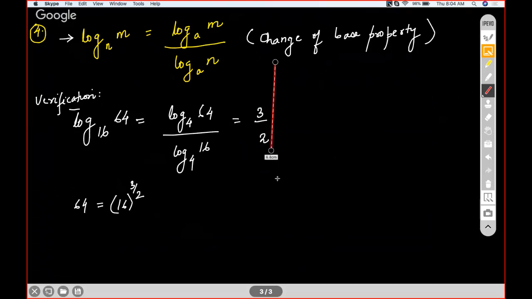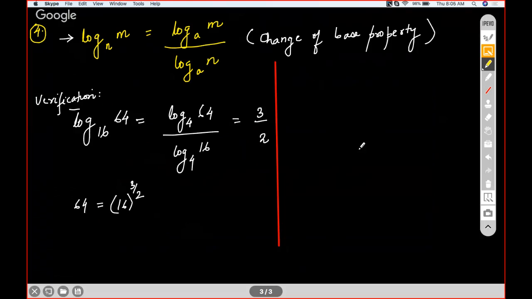Do you need my help here? No, let me see. Try it out. Okay, I think we're getting it. So basically I did n to the power p equals m, and then wherever m was there I substituted n to the power p.